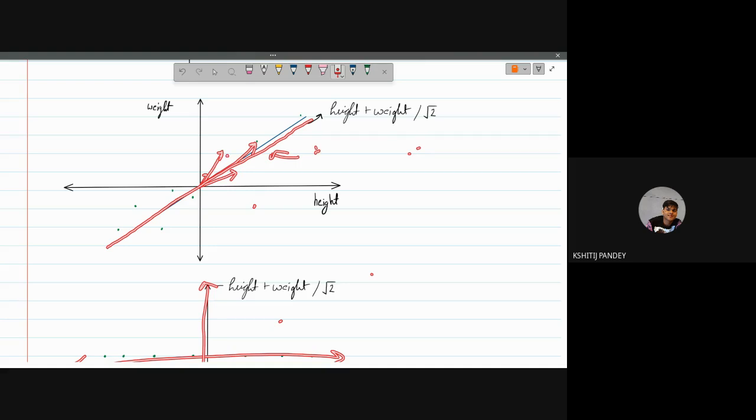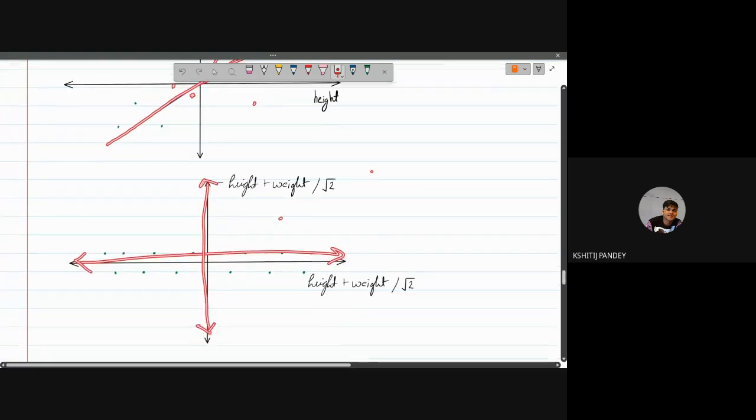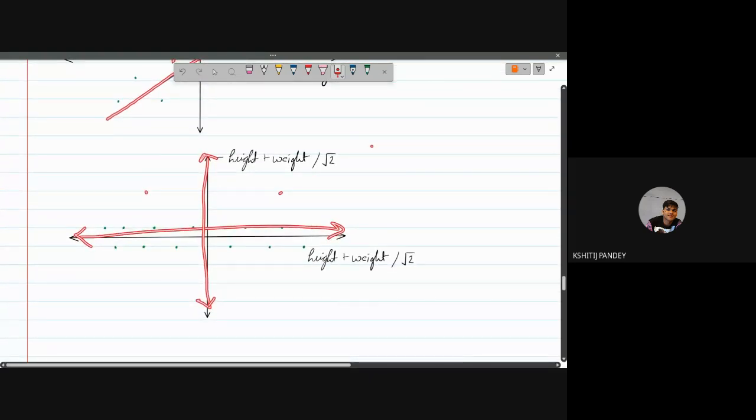We are changing the reference. So all the data points will change now, and their values will be with respect to this axis. The x value will be with respect to this axis now.